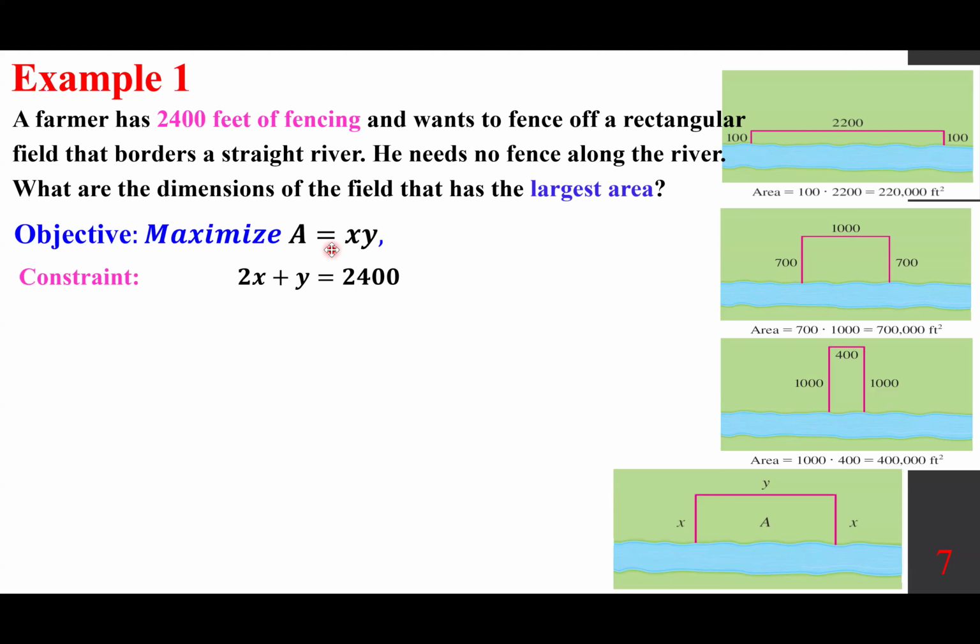A is a function of two variables, x and y, and the methodology is to make it a function of one variable.